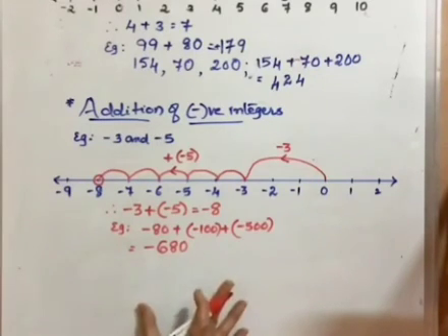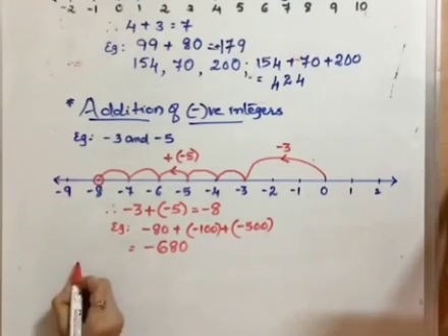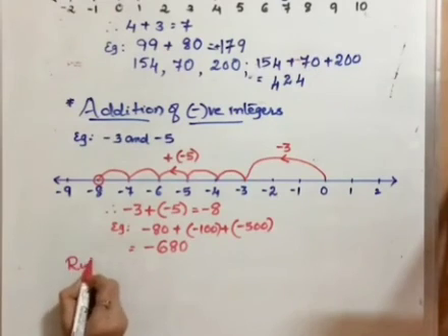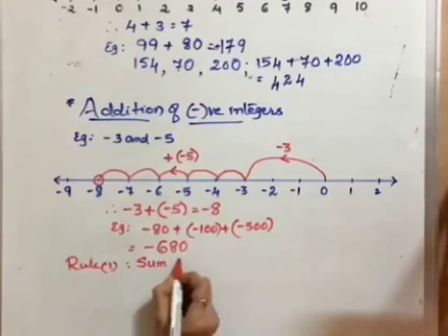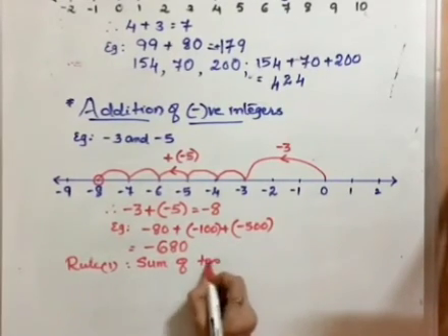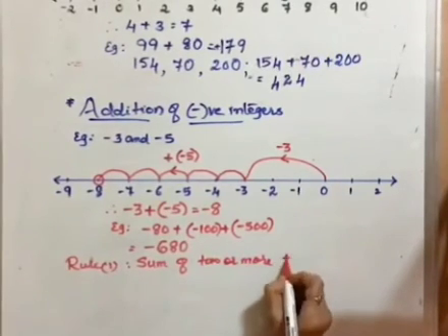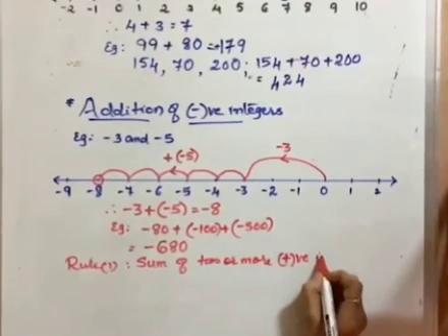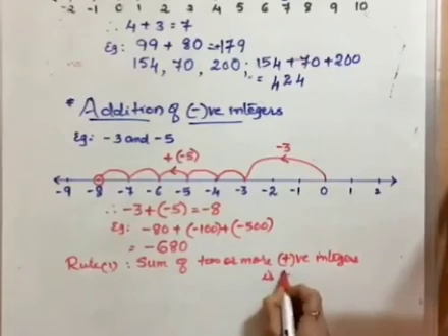So remember, the sum of two or more positive integers is positive. Rule 1. Make a note. Rule 1: Sum of two or more positive integers is positive.